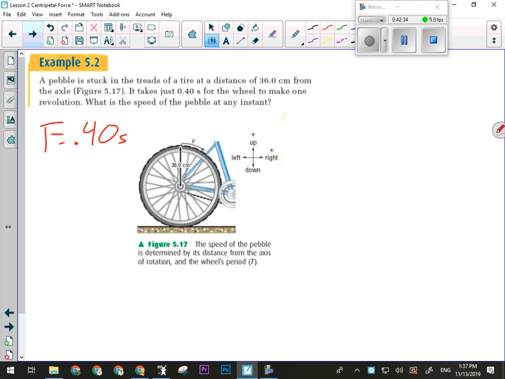What else are we given? We're given the radius. And we're being asked to find v. Do we have a formula that has those things in it? Is that on the formula sheet? That is on your formula sheet, yeah.